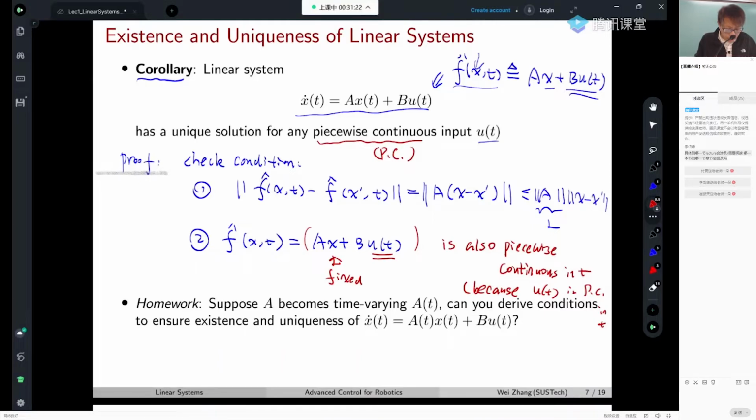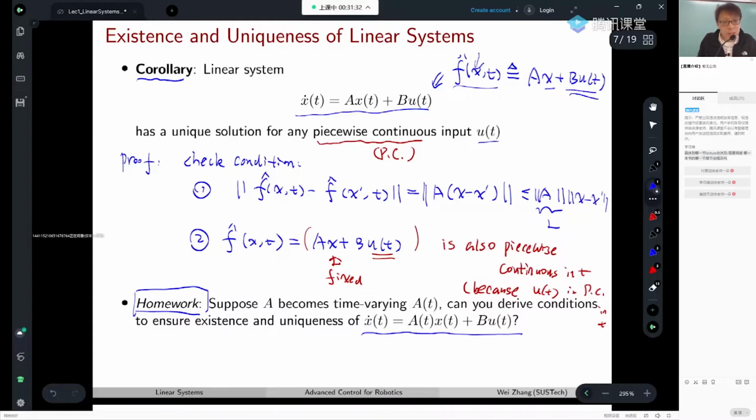And you start to have your first homework, as I mentioned. I want you to prove or derive conditions under which this time-varying system has a unique solution. The only difference here now is A is not a constant matrix, it is time dependent. Can you prove that?